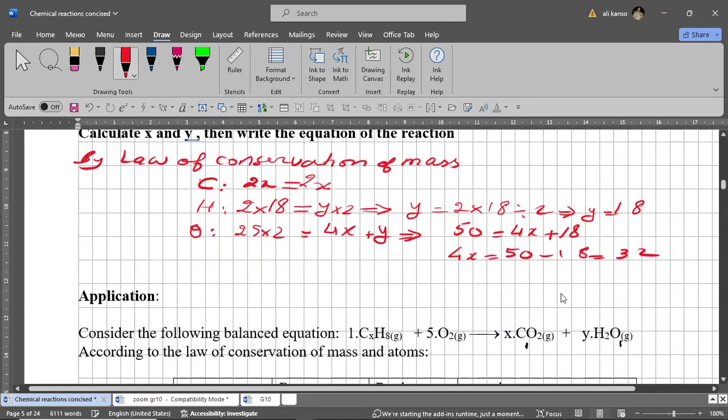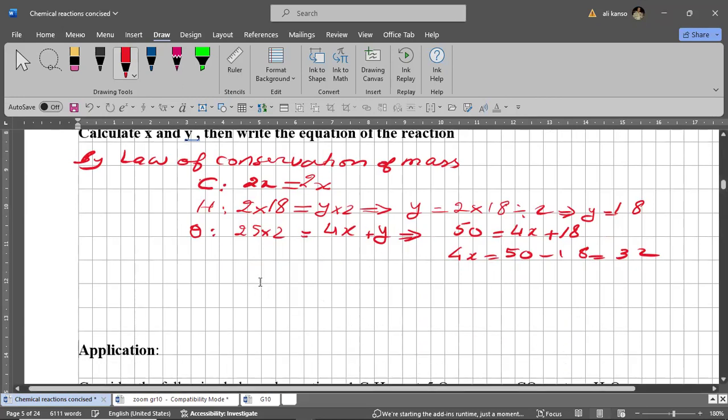What will x be equal to? We divide 32 by 4, then x is equal to 8.